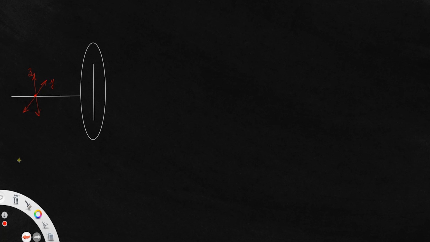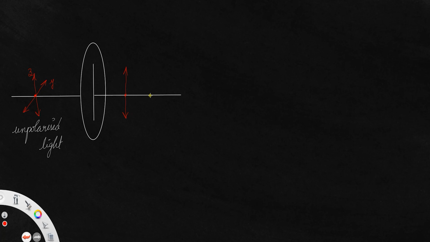So it is an unpolarized light. Unpolarized light means it has vibrations in more than one direction. So what a polarizer will do is, it will transmit the light only in one direction. So here it will cancel the vibrations in this y direction and it will transmit only vibrations in the z direction.